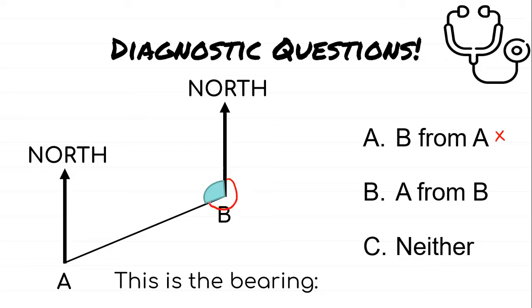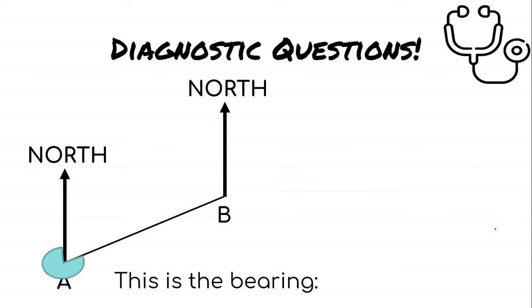It would be going something like this. This is not going clockwise from north. This is going anti-clockwise from north. If you start at north and you were following this angle, you'd be going the opposite way of the clock. So this bearing is neither.